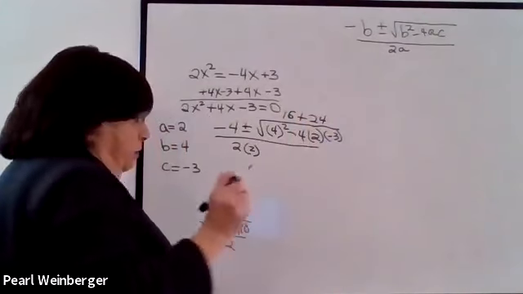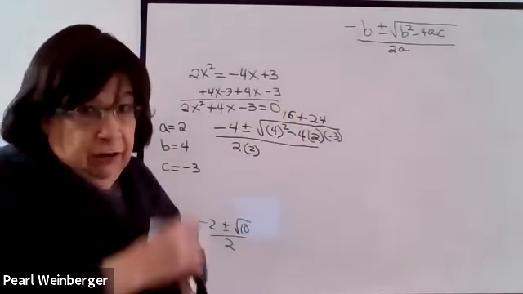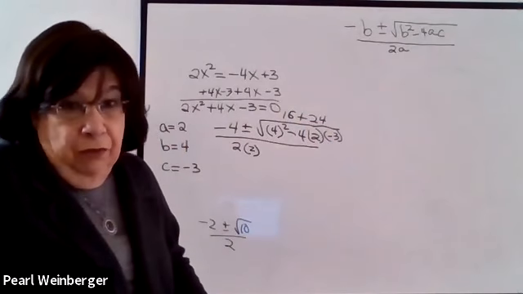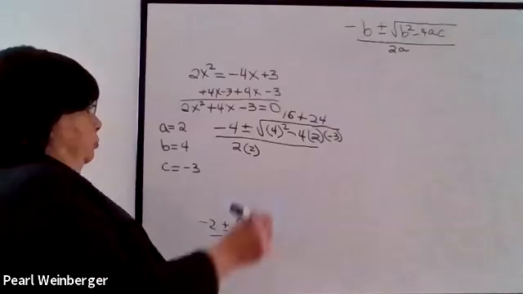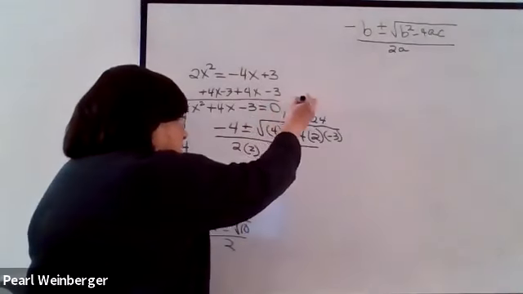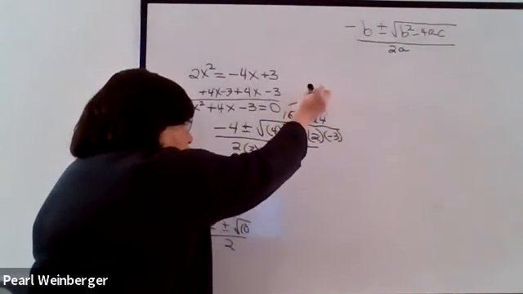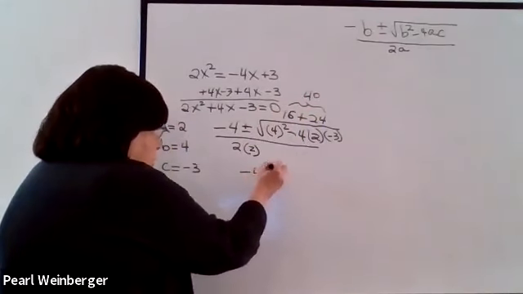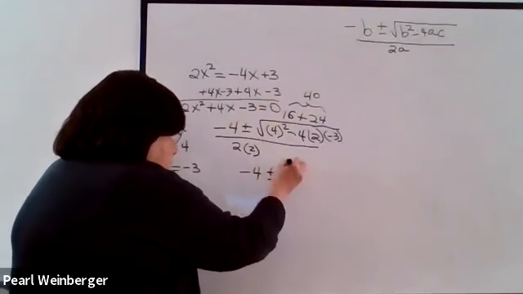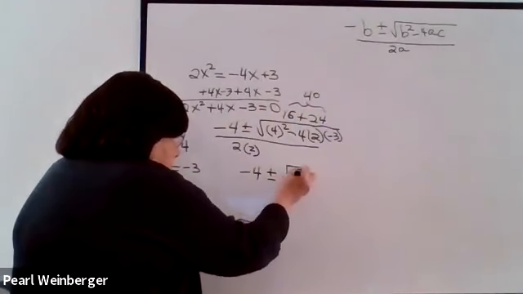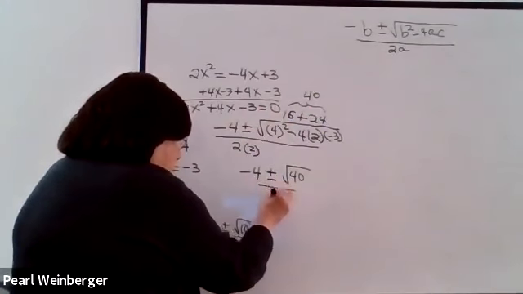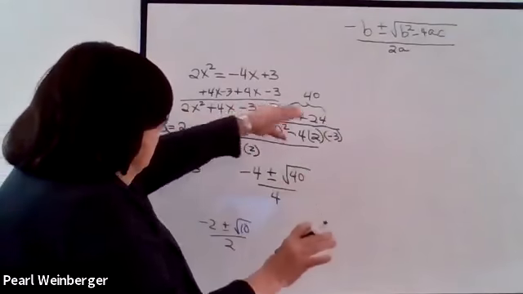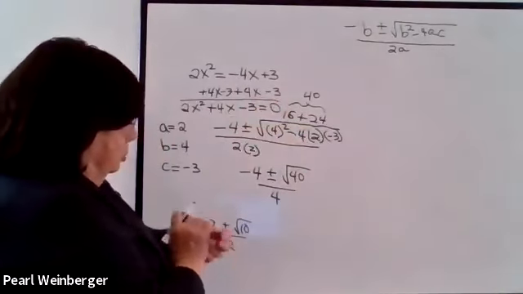Be very careful. The most common mistakes made here are when you aren't careful with the signs. So this becomes 16 plus 24, which is 40. So what we have now is negative 4 plus or minus the square root of 40 all over 4. So our first step is plug in the numbers and then do the computation.